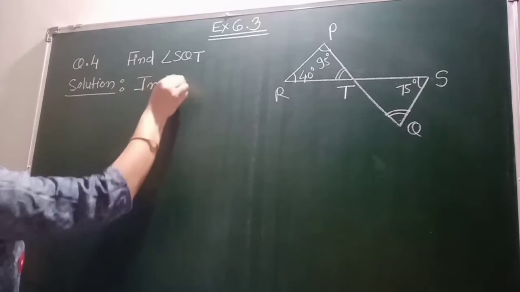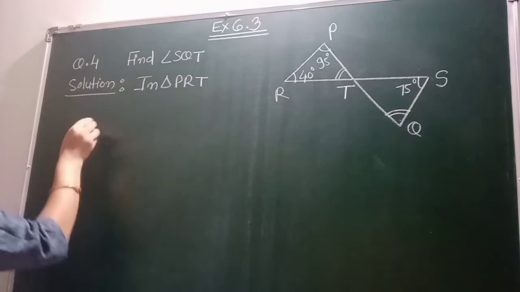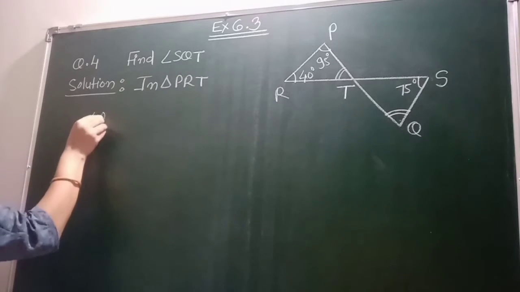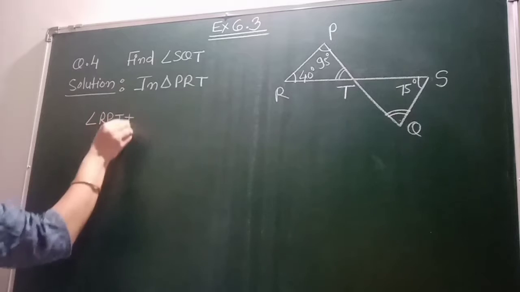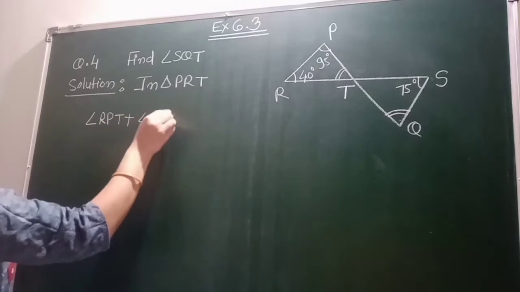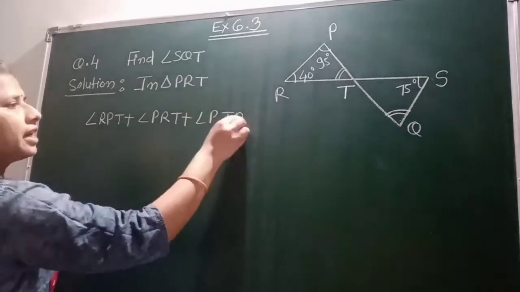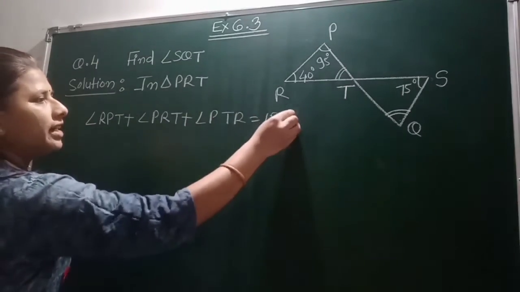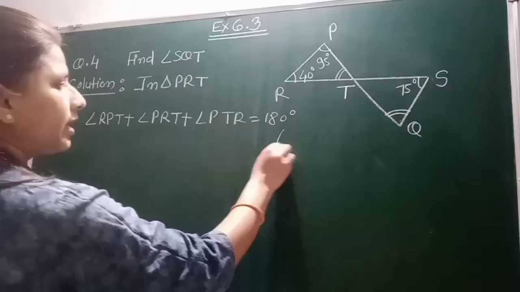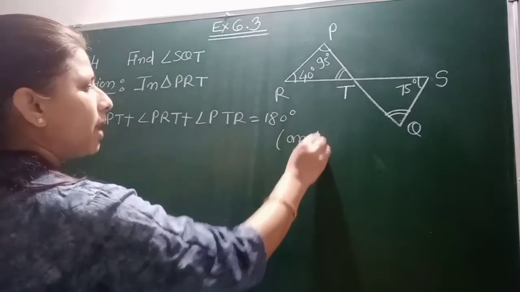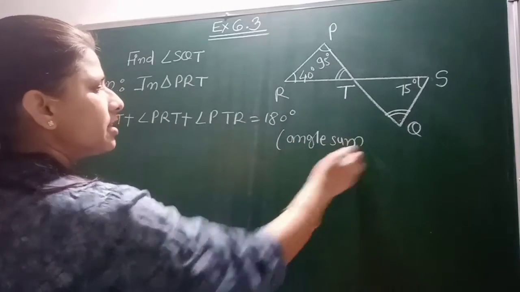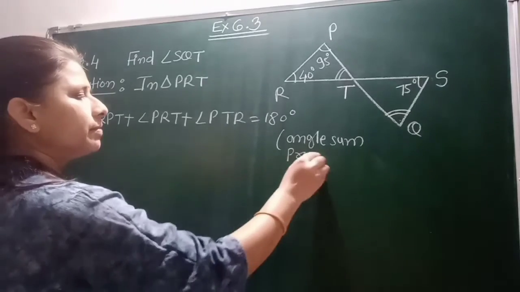In triangle PRT, angle RPT plus angle PRT plus angle PTR equals 180 degrees. Why? Because of the angle sum property.